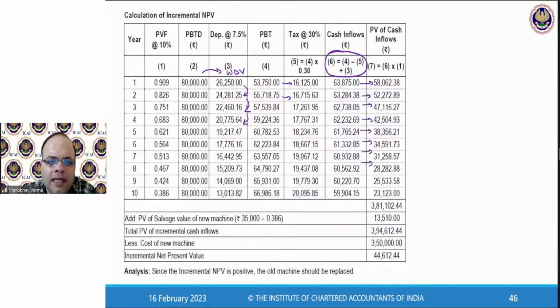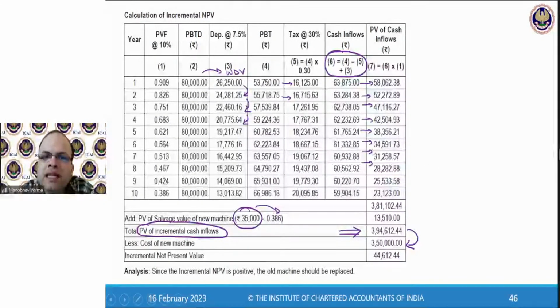And at the end of the 10 years, there is a 35,000 salvage also. So basically, the present value of incremental cash inflows is 3,94,000 and the net outflow was 3,50,000. Hence, we again get a positive number here. Answer remains the same. The machinery should be replaced here.